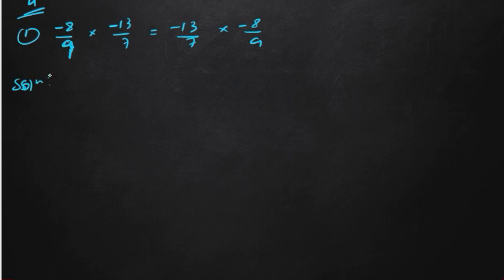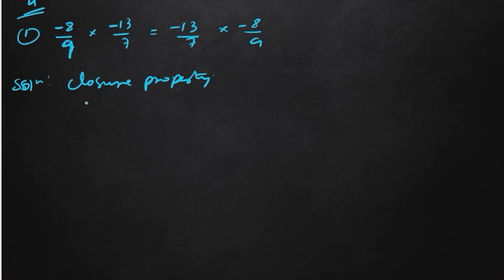For the next one, the property of multiplication will be the closure property. Likewise, complete questions number 2, 3, 4, 5 also. You can take the reference of page number 17, properties of multiplication of rational numbers.